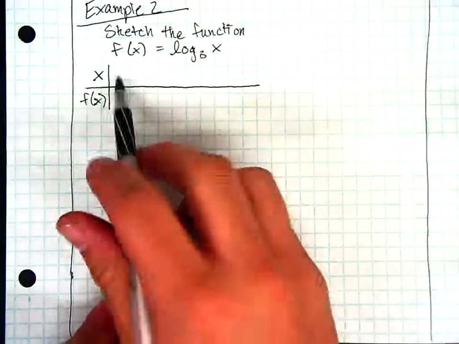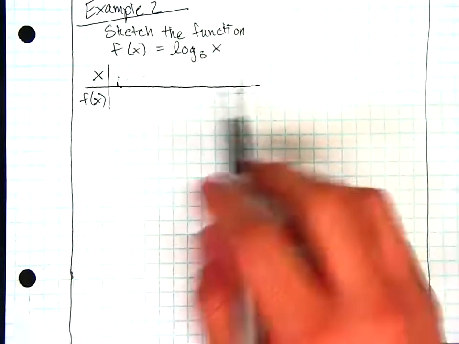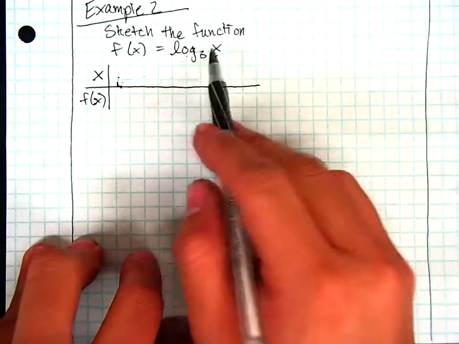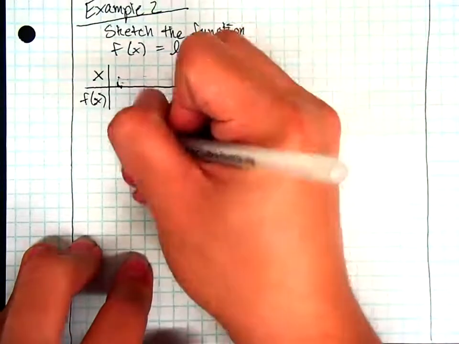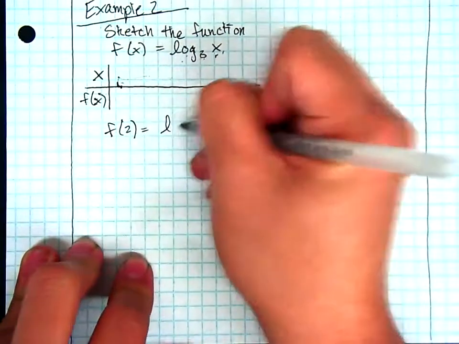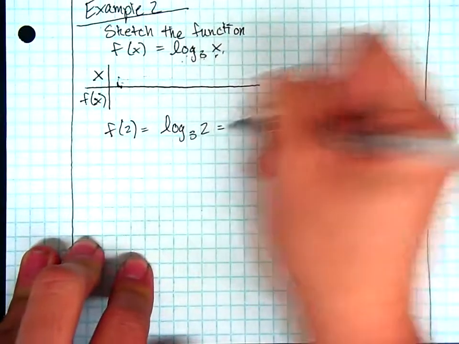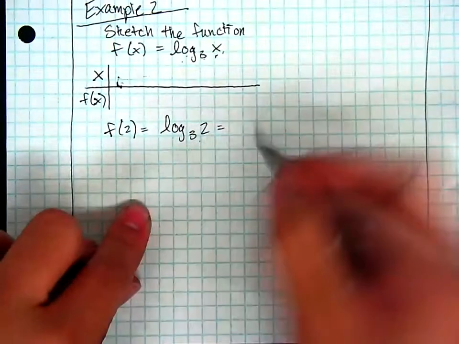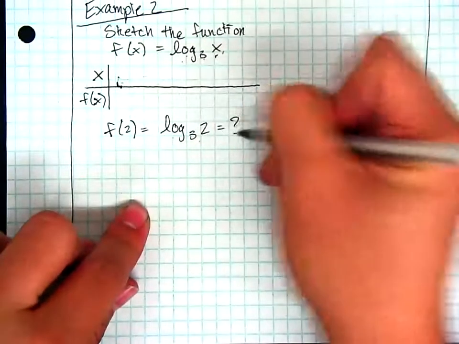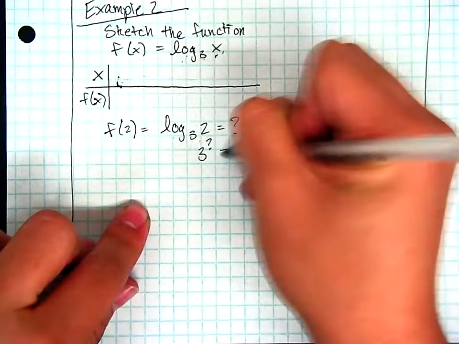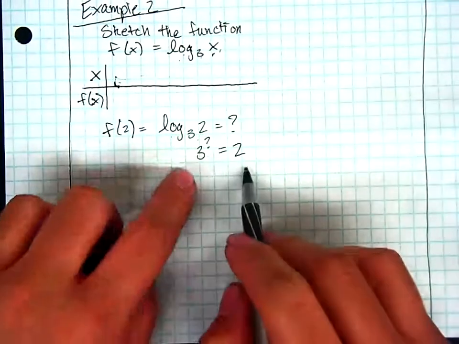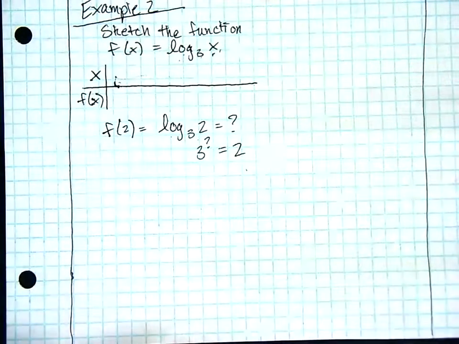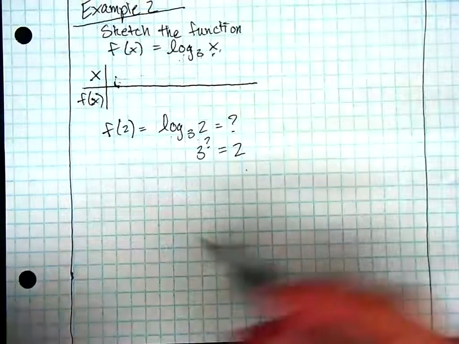It's actually more difficult to just choose random x values, because if I were to plug in, let's say, 2 into this equation, so log base 3 of 2, I would actually have to figure out what log base 3 of 2 is equal to. In other words, what the exponent is for 3 to become 2. That's a bit too confusing, so I think I'd actually rather work in reverse.